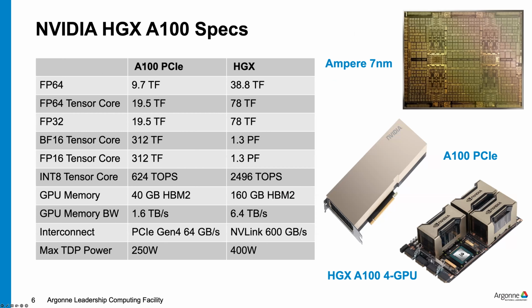Again, just to go through the A100. The rightmost column would be the combined four GPUs, but let's just look at a single GPU. Using normal FP64, you can get 9.7 teraflops. If you're able to use the tensor cores and generate tensor code, then you can get 19 teraflops.